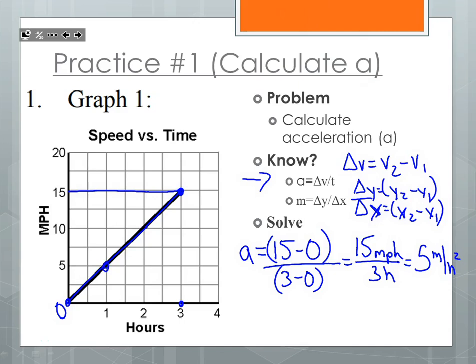Just make sure that you find 2 dots that intersect the y and the x axis. So if this was my first dot, 1 was my x1, 5 would be my y1, and my second point, my x2 would be 2, and my y2 would be 10. Then you input these 2 points for slope, and it should give you 5 miles per hour squared.